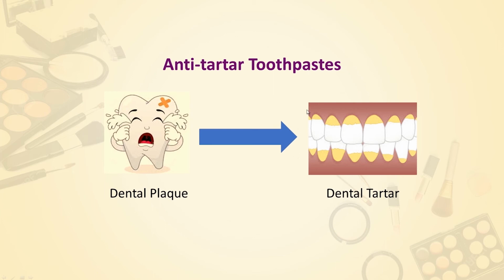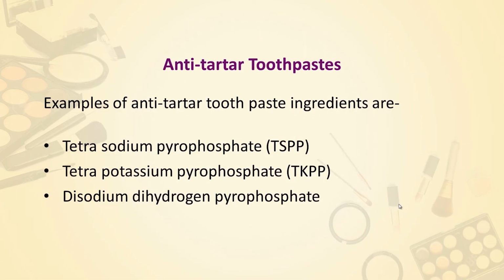This is a yellow or brown colored deposit formed when plaque hardens on your teeth. Tetrasodium pyrophosphate, tetra potassium pyrophosphate and sodium dihydrogen pyrophosphate are a few ingredients used to impart the anti-tartar property in toothpaste.